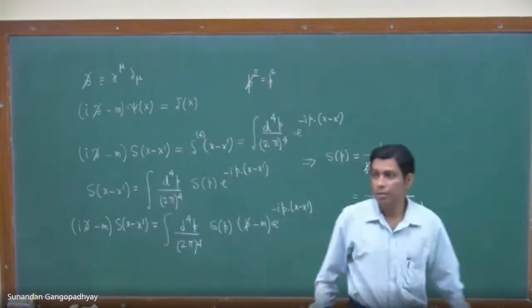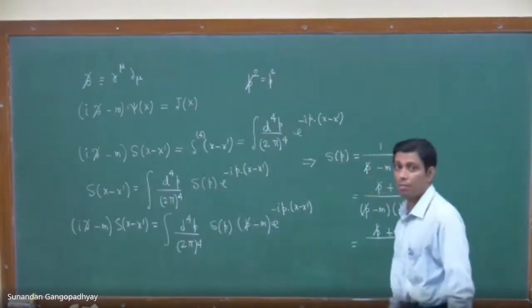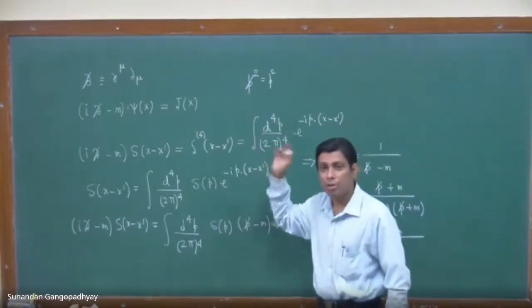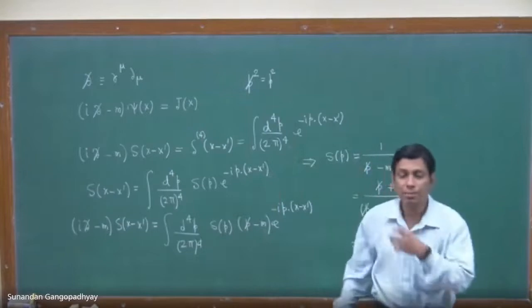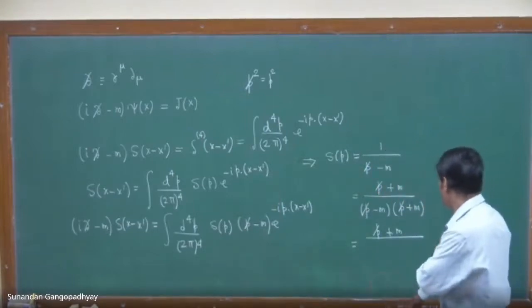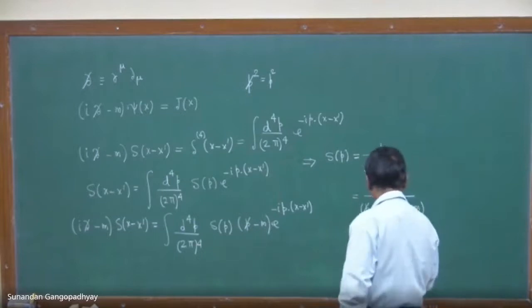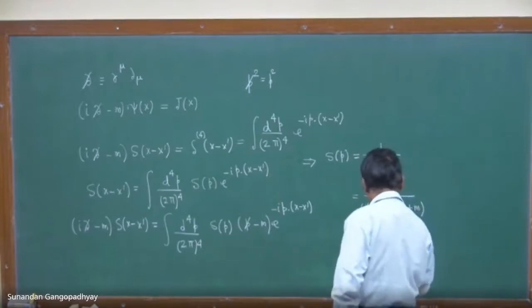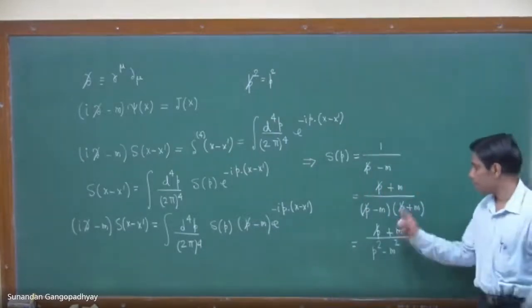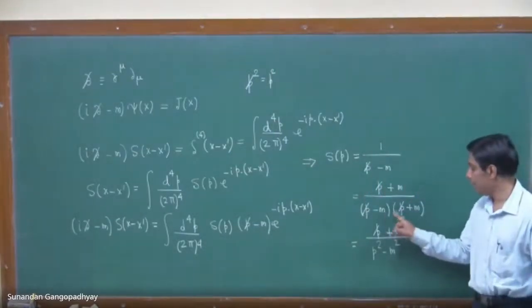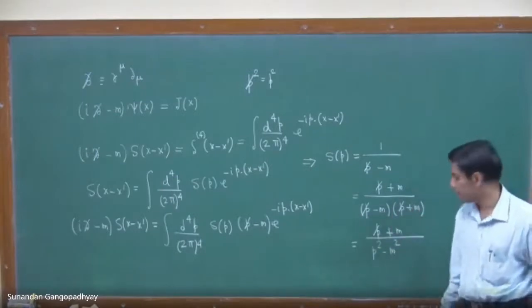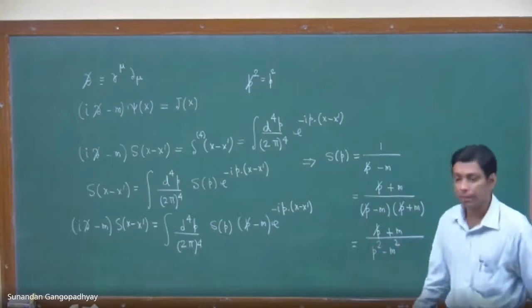You can show it easily using the gamma matrix algebra. Just write gamma mu p mu, gamma nu p nu, and then use the gamma matrix algebra. So if you multiply, we find that this leads to p square minus m square, because the cross terms cancel. The cross terms are m p slash with the minus sign and m p slash with the plus sign, so they cancel each other. So you will ultimately get this.